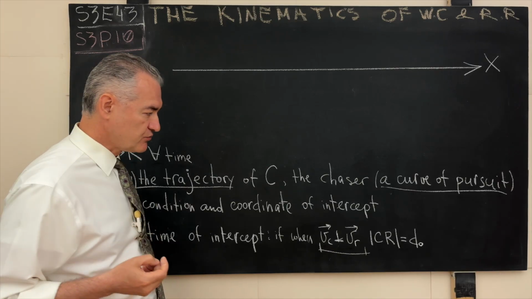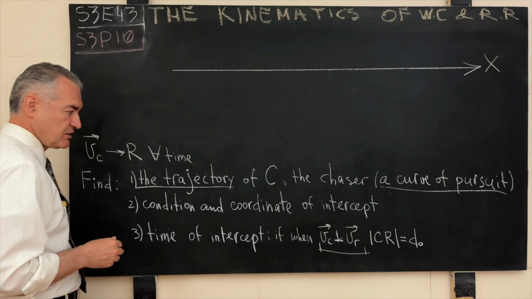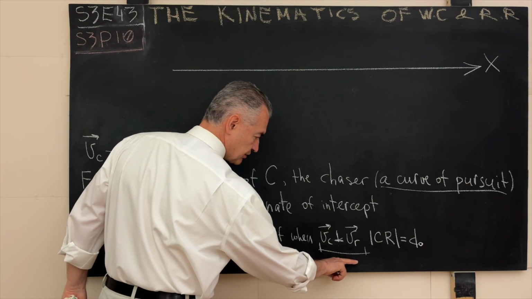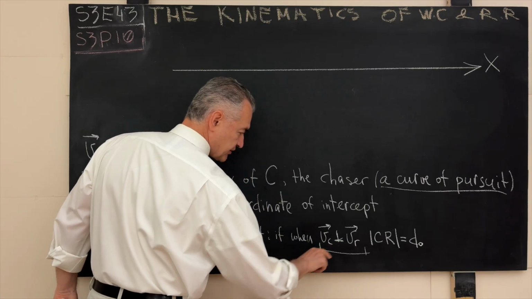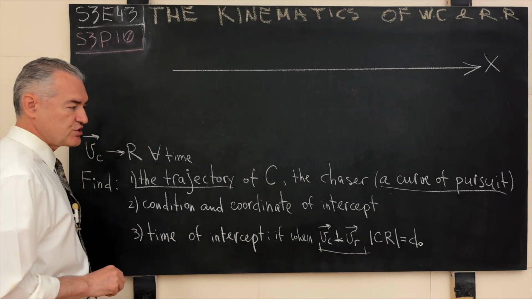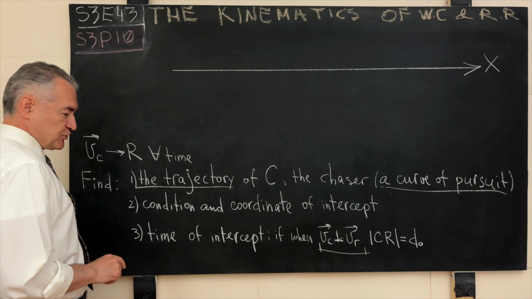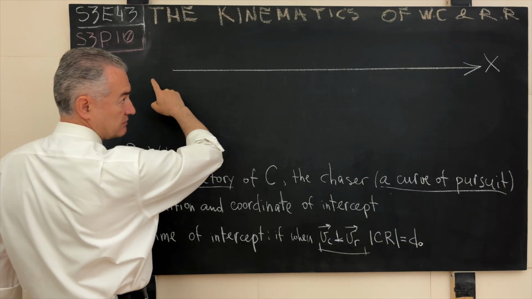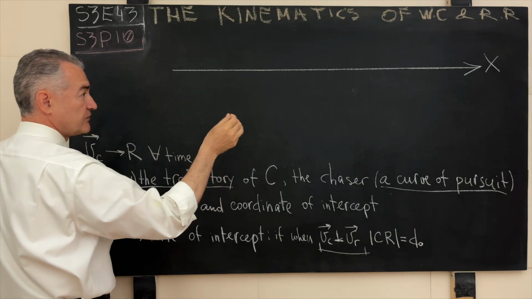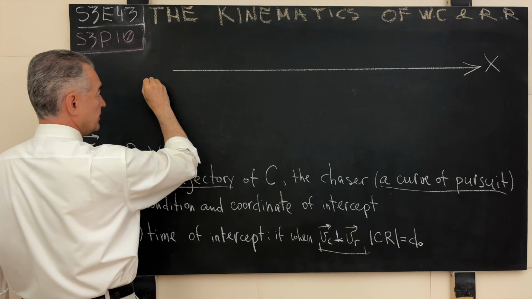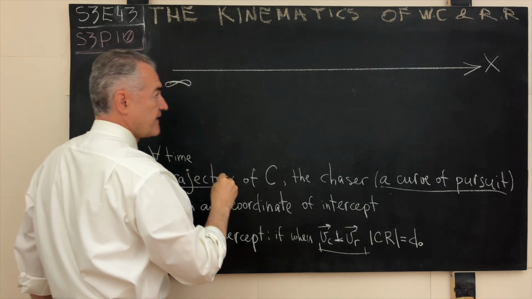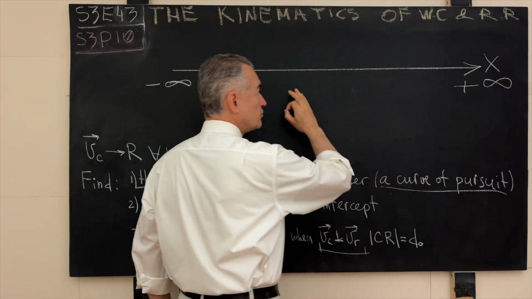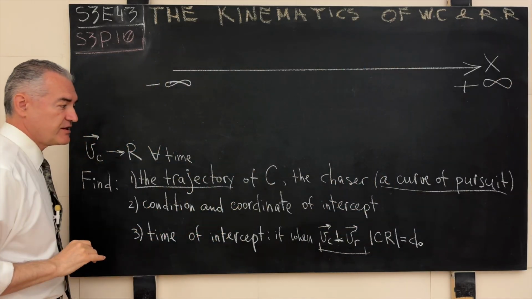Well, here is the line of reasoning that answers that question, and again unlocks the answer to the question: what does it mean that these two vectors are orthogonal with respect to each other? First, we observe that at some point, the runner R, our x-axis can be partitioned roughly into three sections: the negative infinity, the positive infinity, and somewhere in between, where the interesting things happen.